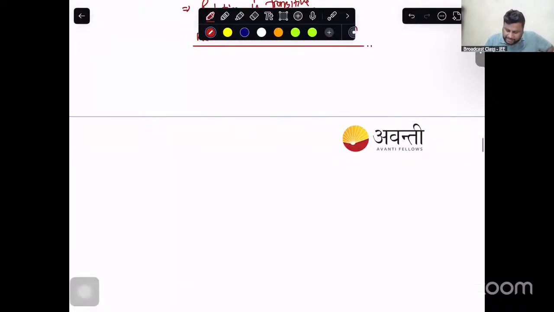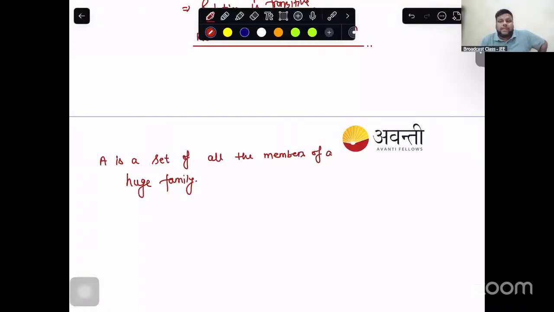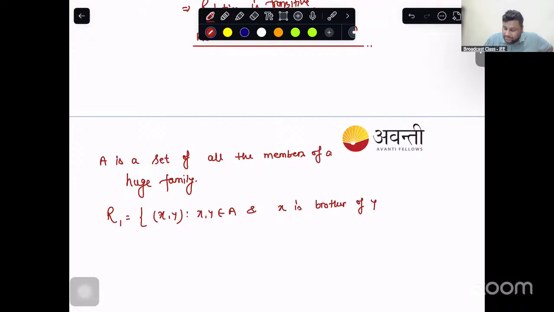Say A is a set of all the members of a huge family, and a relation R1 is defined as x comma y such that x, y belong to A and x is brother of y.